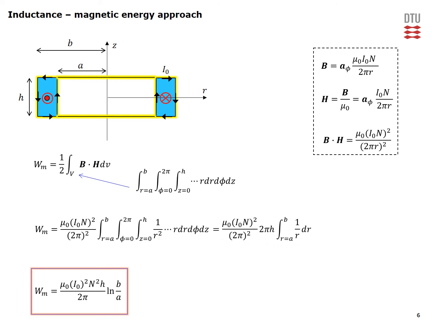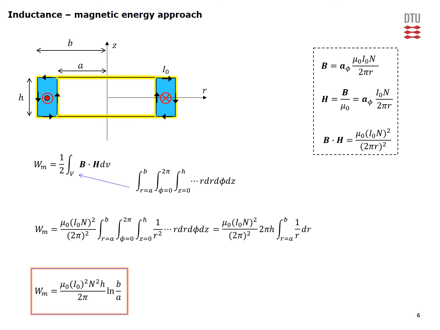This is of course a function which does not affect severely integration in z and phi, which will simply give 2 pi h as this factor of proportionality here. From the previous slide, we know that the integral of 1 over r is ln of r, and when you plug in the limits, you can convince yourself that this will be the final result for the magnetic energy stored in your toroidal coil.